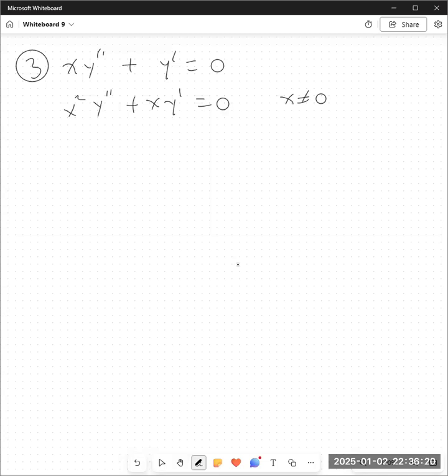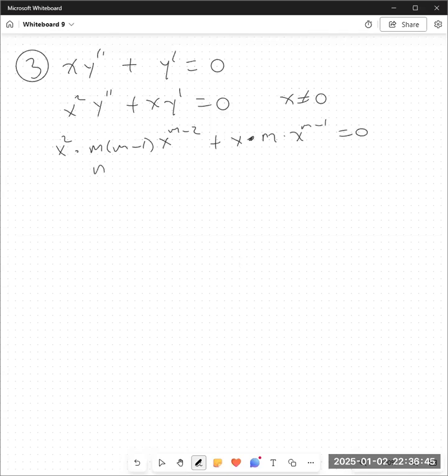Now we have x squared times y double prime, which is m times m minus 1, x to the m minus 2, plus x times m times x to the m minus 1 equals 0.